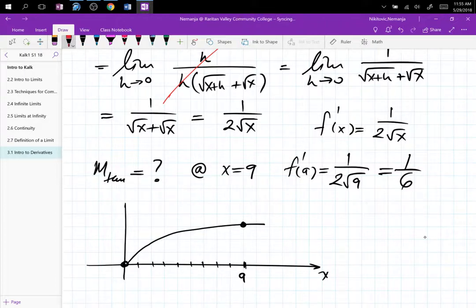The tangent line is right there, and the slope is 1 over 6 for that line. It's a sluggish slope because the function is not rising very quickly. So 1 over 6, it's a sluggish slope.